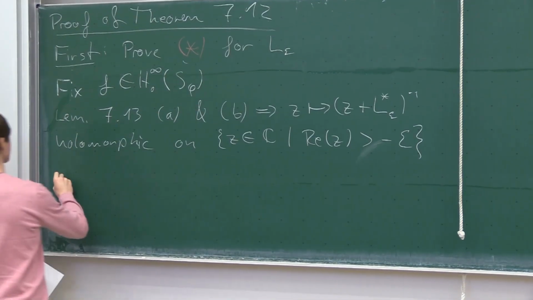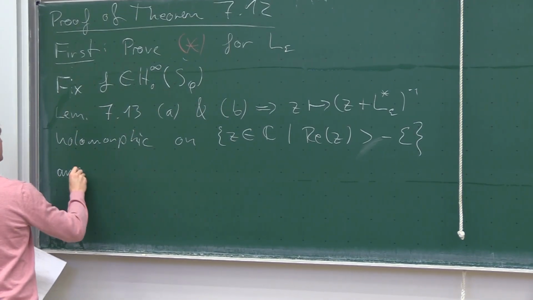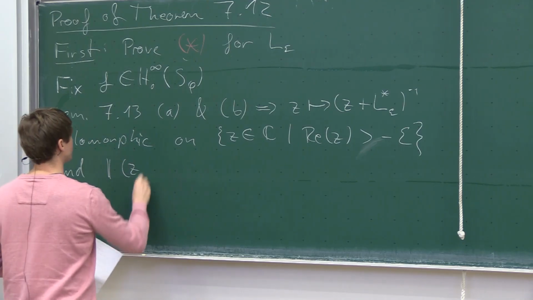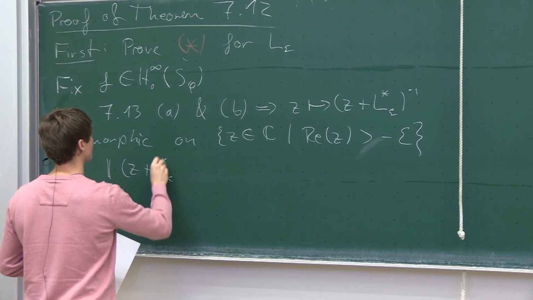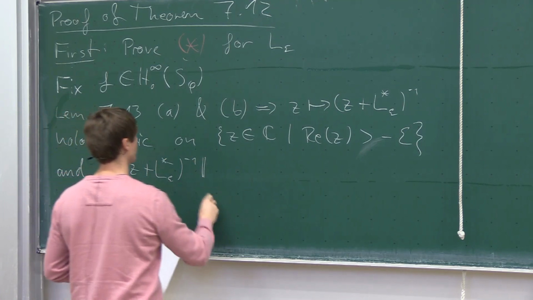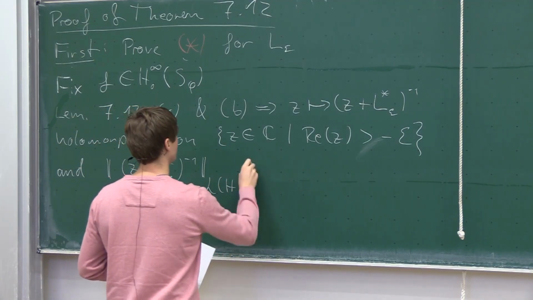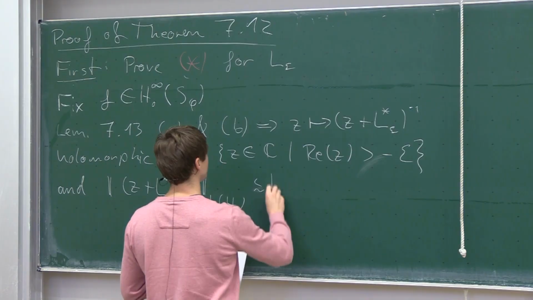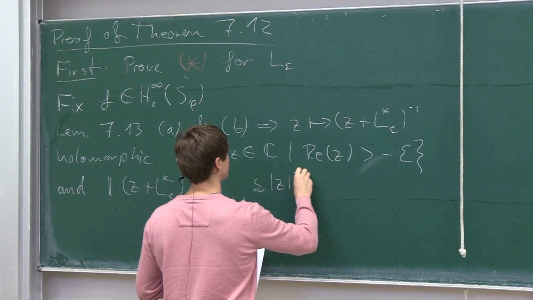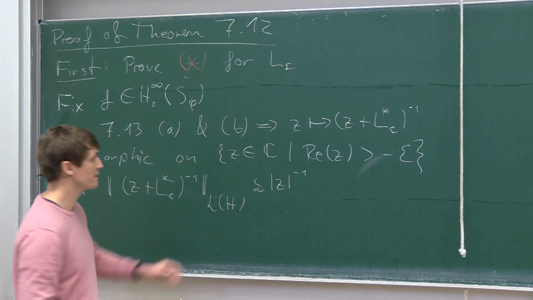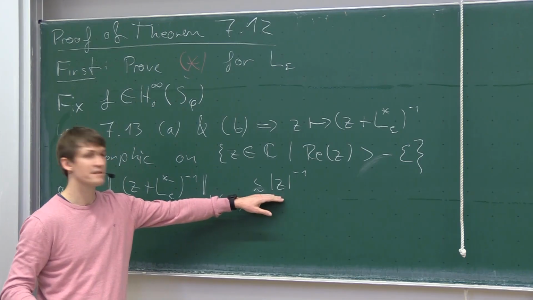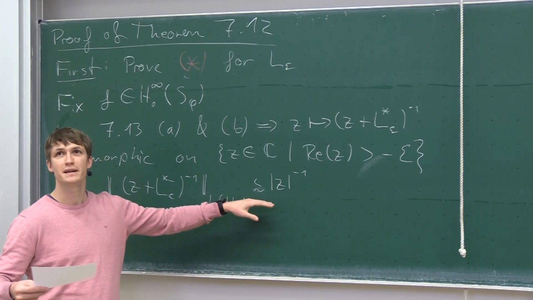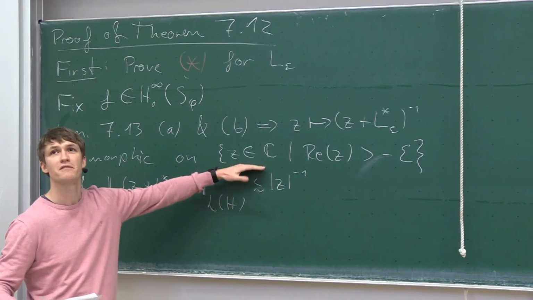And we also have a resolvent bound of the form: the norm of z plus L epsilon star inverse in the operator norm is controlled by a constant times the modulus of z to the minus 1. Okay, we even have a better bound, because this inequality would suggest that we blow up at the origin, but we don't, because it's holomorphic around the origin.